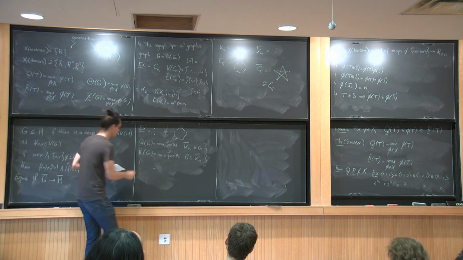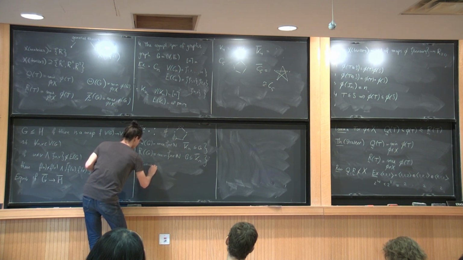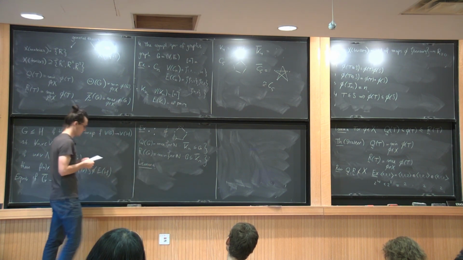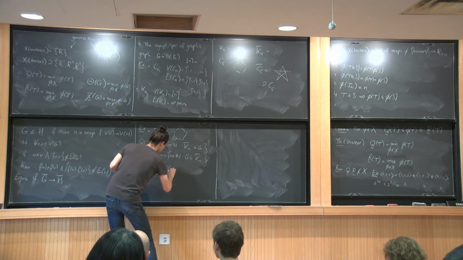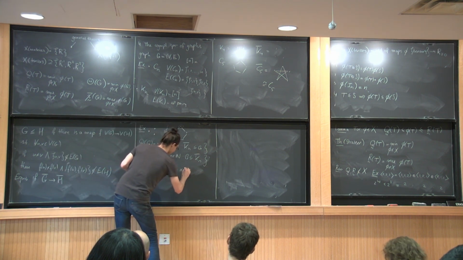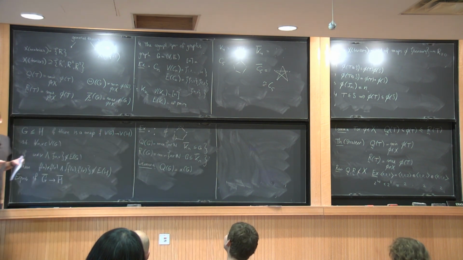Then here comes a lemma, saying that this subrank Q of G equals the independence number of G. Okay, so that's why this definition makes sense.